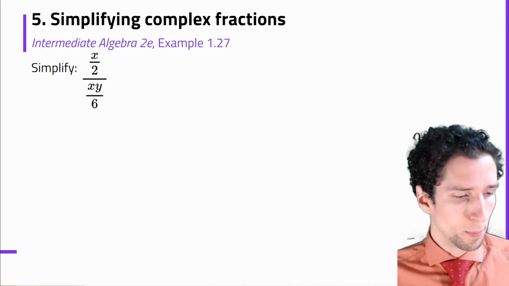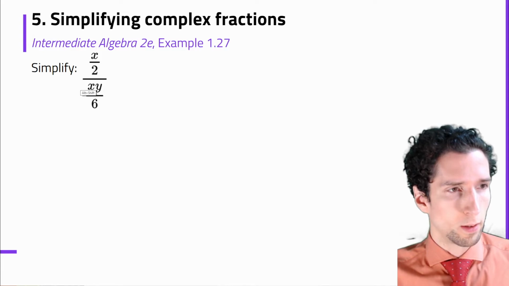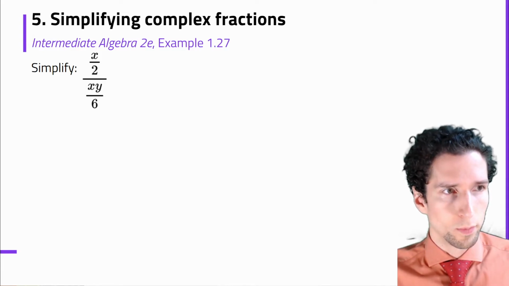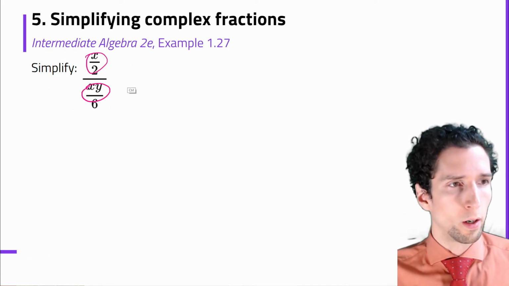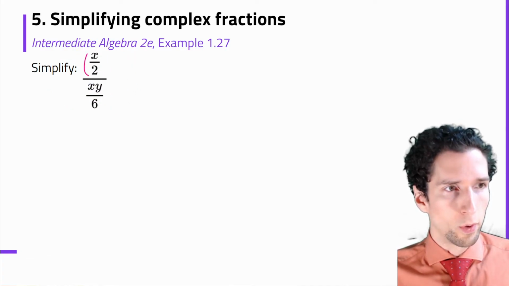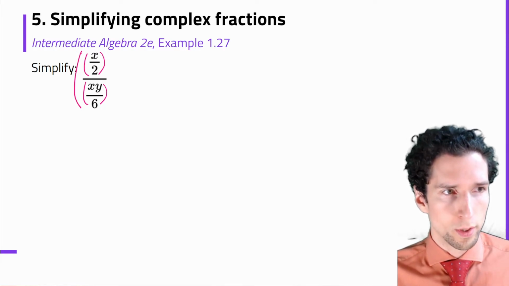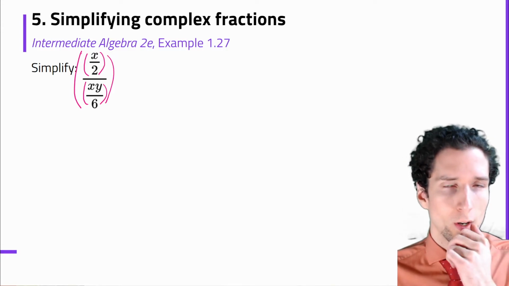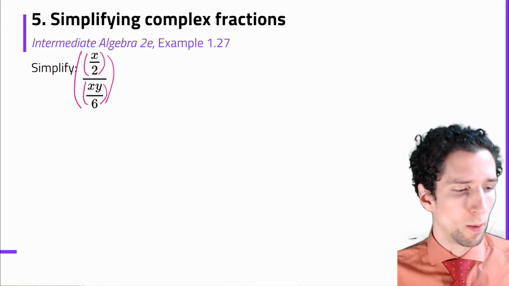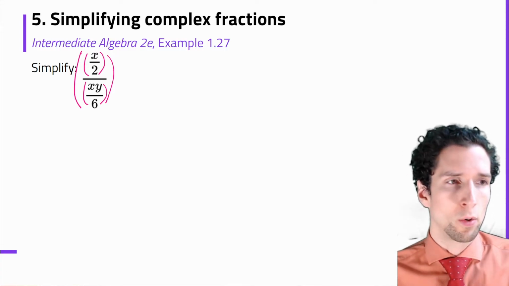Hopefully when we see something like this, we recognize that we have like 3 fractions going on here, and we have sort of our order or our priority. So x over 2, xy over 6, and then after those, we have this larger fraction happening here. We can't just randomly change the order with division.